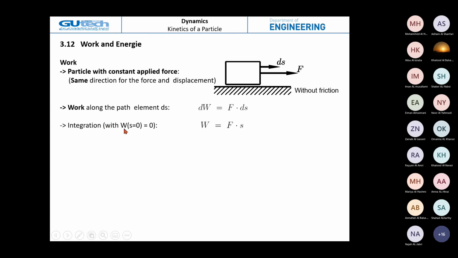Integrating with the initial position at time t equal to 0, we assume that s is equal to 0. In this case, if we integrate, we will get W, which is F multiplied by the displacement, or the position s.